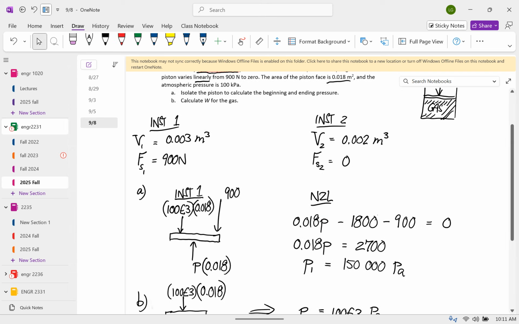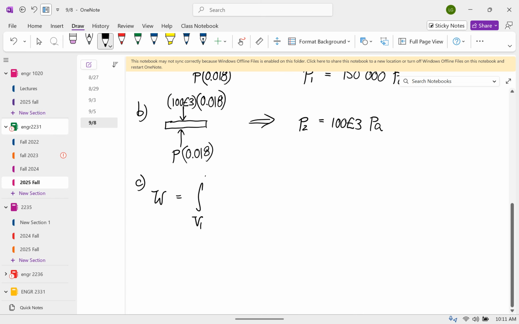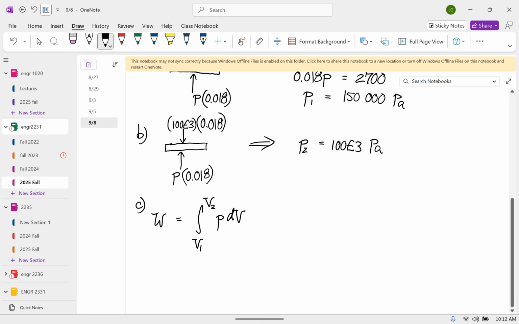It's going to go from the starting volume to the ending volume of P dV. And we just want a linear function where P goes from 150,000 to 100,000.